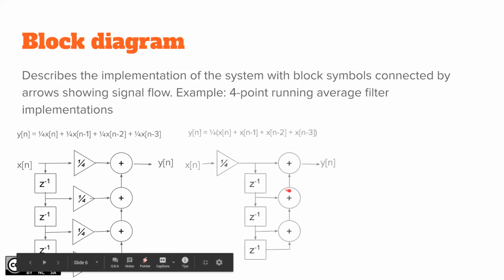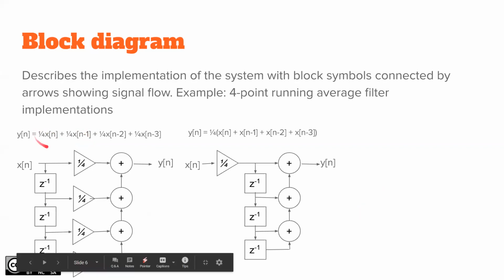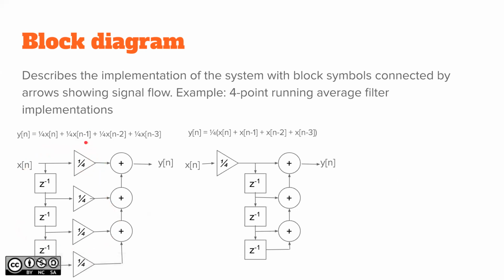Right, next. As you can see, we had here 4 multiplications. That's exactly the same as the difference equation at the beginning. Each of these terms is multiplied separately. This block diagram wastes resources.